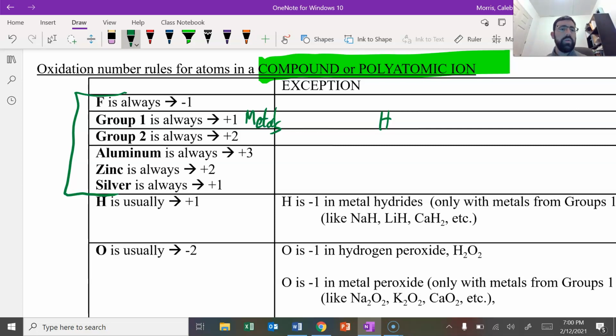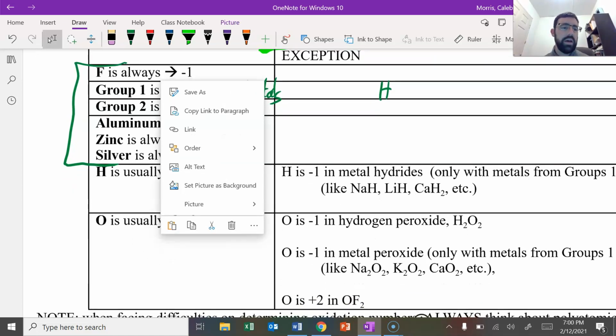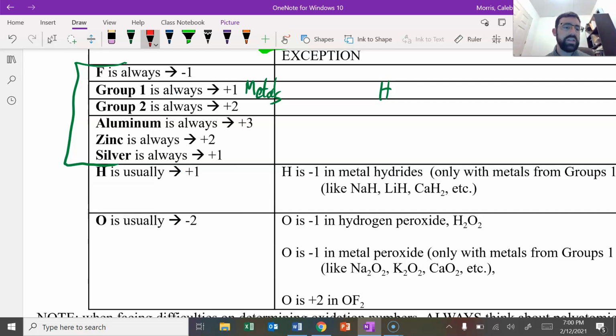Then we get to the two that do have some exceptions. So hydrogen and oxygen are exceptions to their rules, and we've got the exceptions listed on the right. Hydrogen is usually going to be +1. The only time that it is not +1 is if it violates one of the rules that we wrote up there.